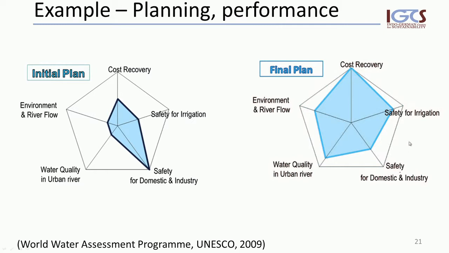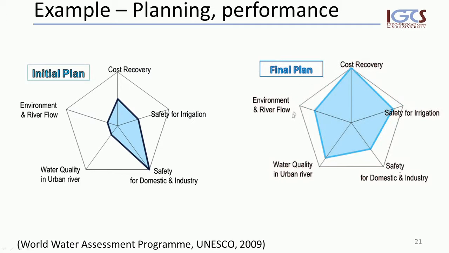There is a slight shift from the safety for domestic and industries, where the performance actually reduced, but at the same time water quality in urban rivers improved substantially, irrigation improved substantially, and full cost recovery was achieved in this specific case.